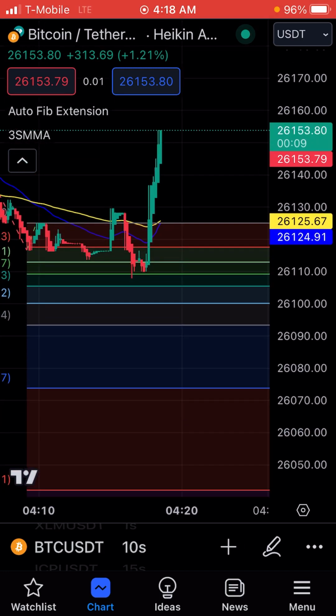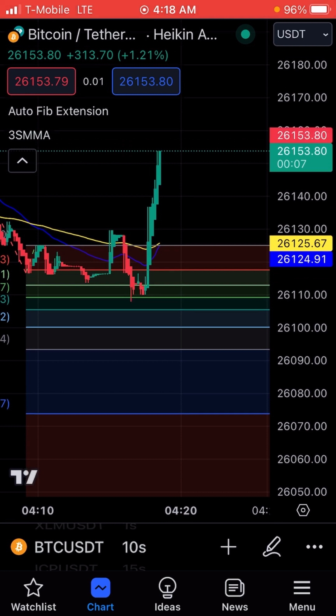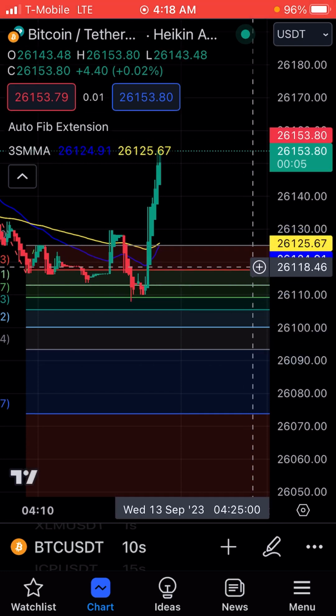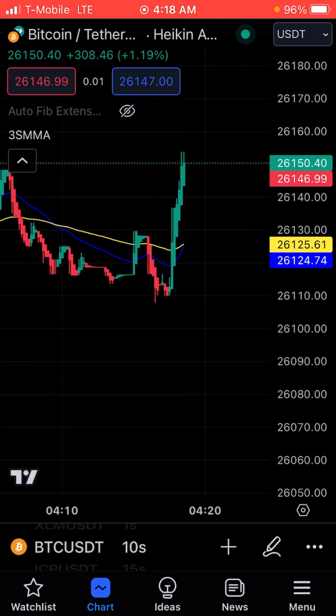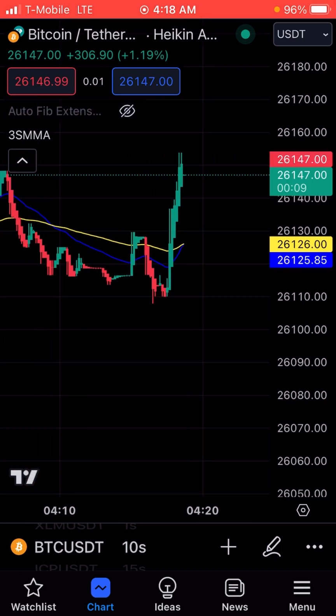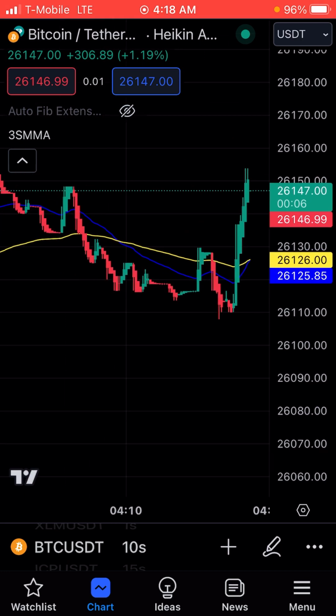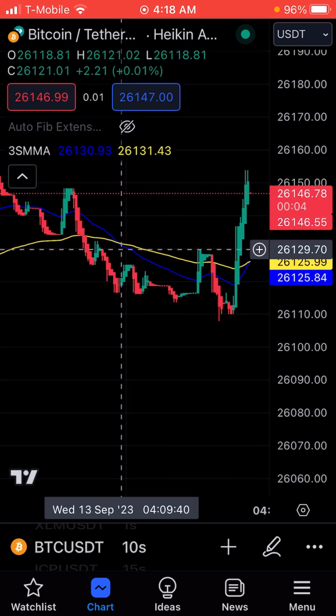So anyway, what you can see is these are the levels where it can bounce. But what we want to look at for the strategy is every time the 20 and the 55 cross.